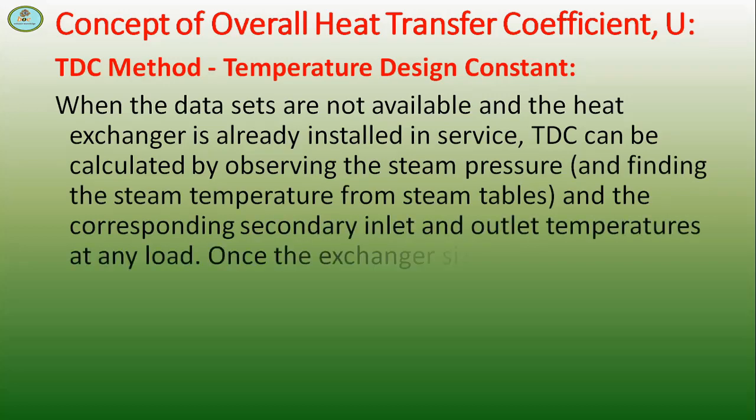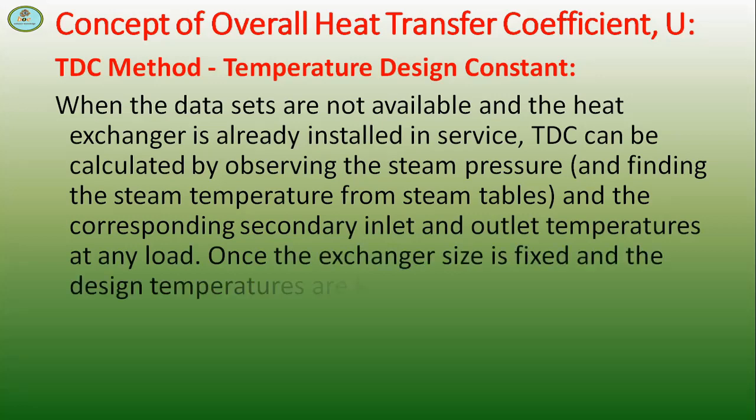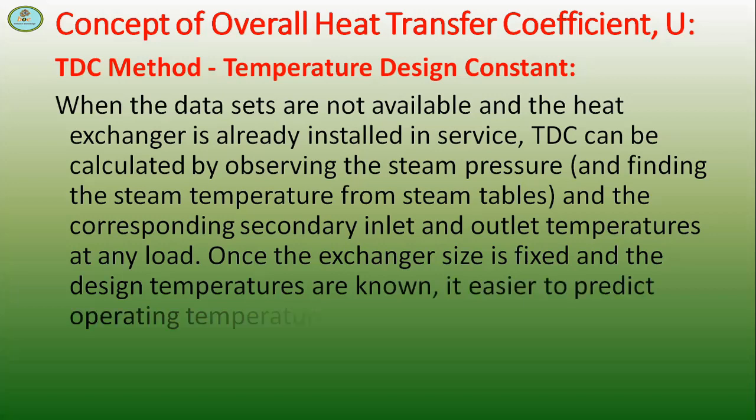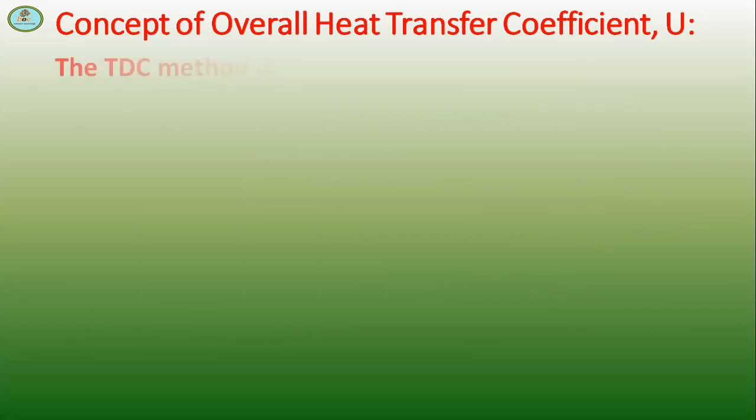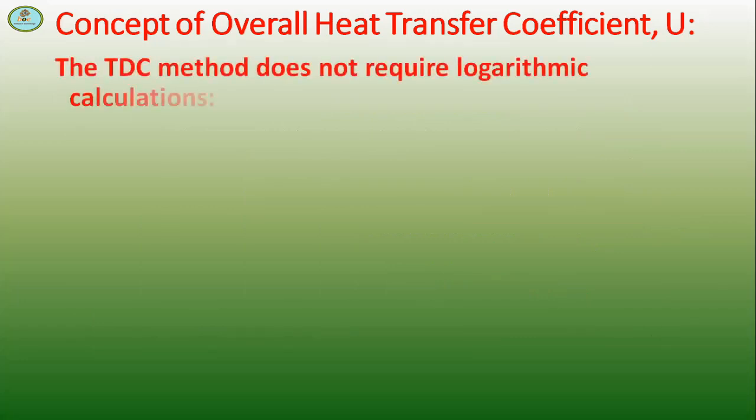Once the exchanger size is fixed and the design temperatures are known, it is easier to predict operating temperature using what could be termed the heat exchanger temperature design constant (TDC). The TDC method does not require logarithmic calculations.